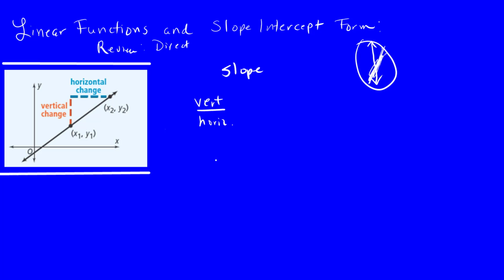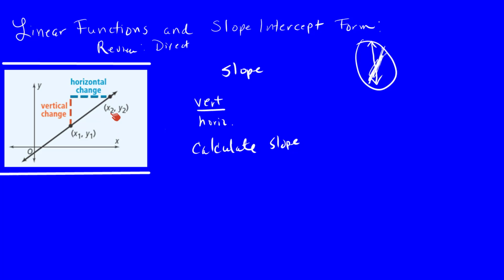So we can calculate slope. There's a way to do that. Here's the vertical change, designated by this line here, up and down, and then the horizontal change. That's the ratio we're talking about. Over here we have 2 points.